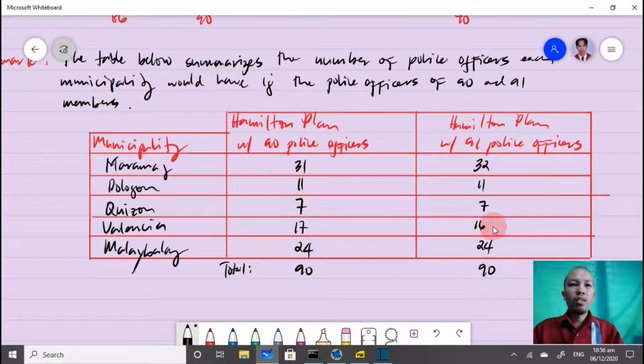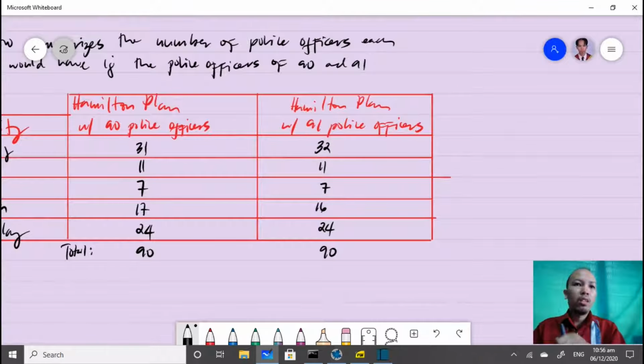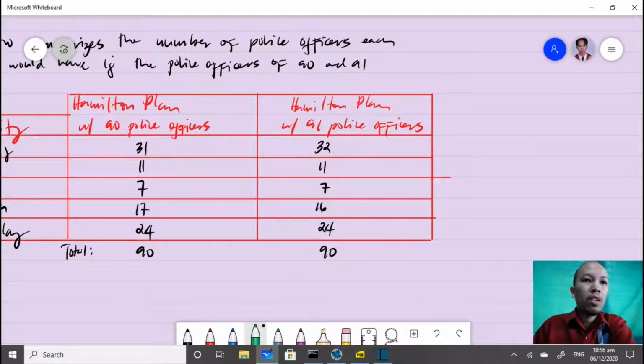So how did I get these numbers? Just remember that the standard divisor is 40,000 divided by 91.